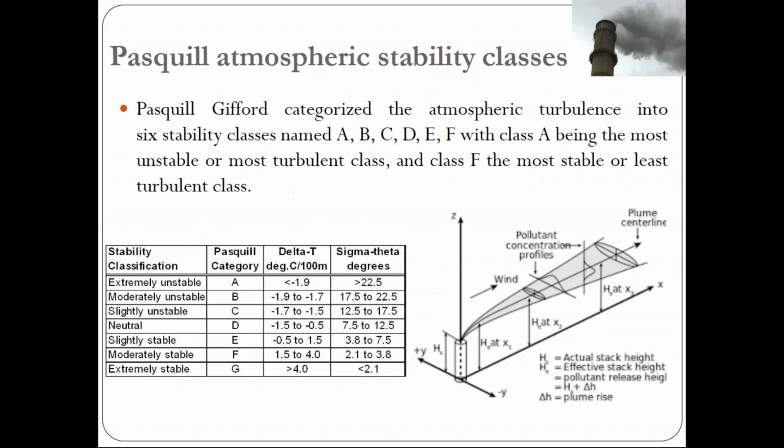Here you can see the stable condition is not calm, neutral is the calm. But the atmospheric stability depends on all factors, all four plus 4, that is primary and secondary parameters.